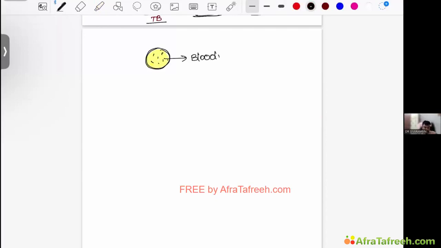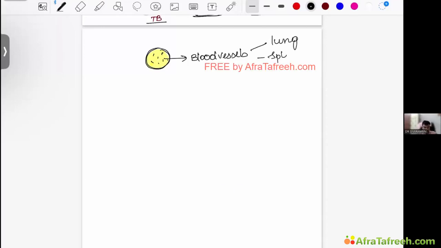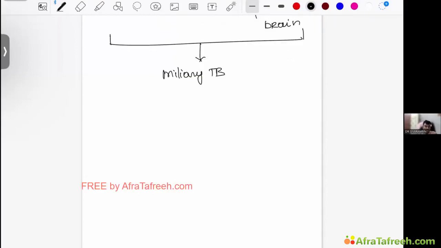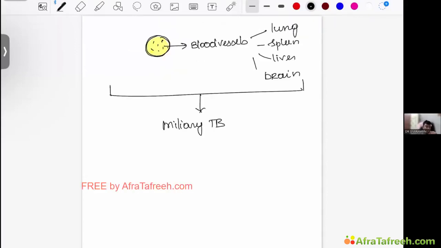Whenever it enters the blood vessel, it can go to the opposite lung, spleen, liver, and brain. This results in miliary tuberculosis. Miliary tuberculosis is a distant metastasis through hematogenous route to different organs.